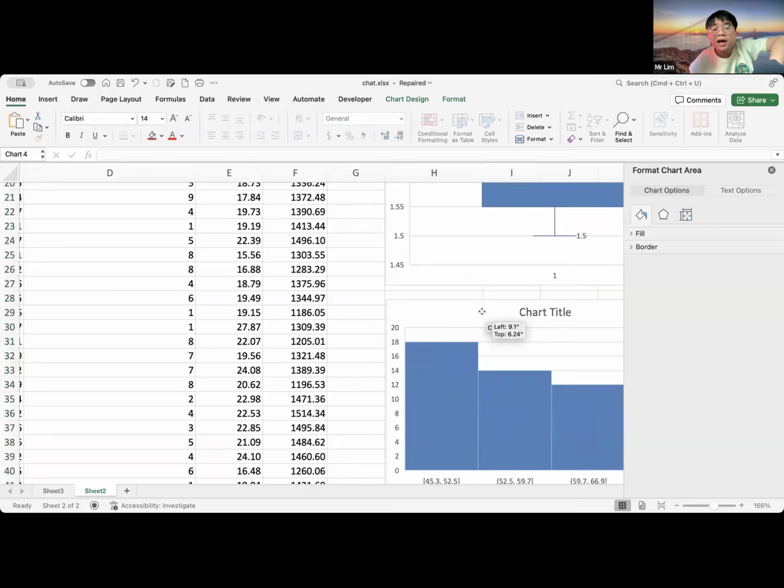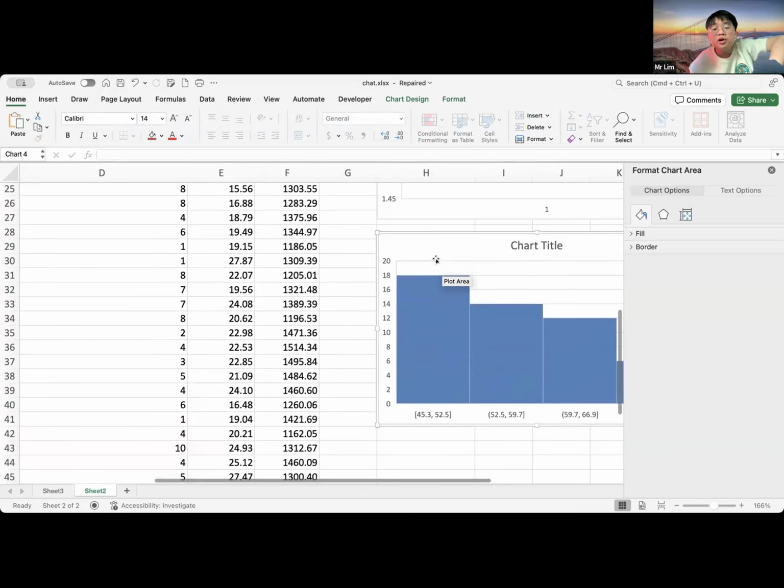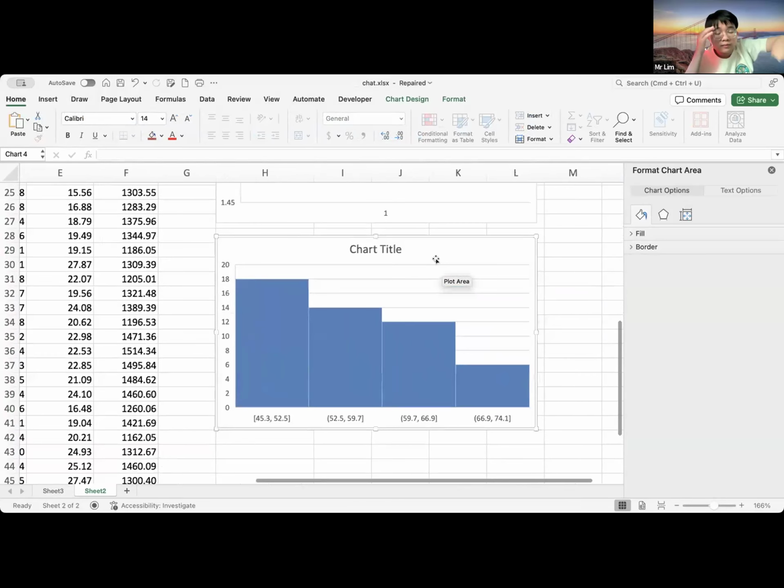Okay. Some time, you just Google it. Everything will pop up, right? How to change the gap, how to change the class size, and how to set the minimum. 45.3 is not very nice to see. Maybe 45 to 50, 50 to 55, 55 to 60, and so on.